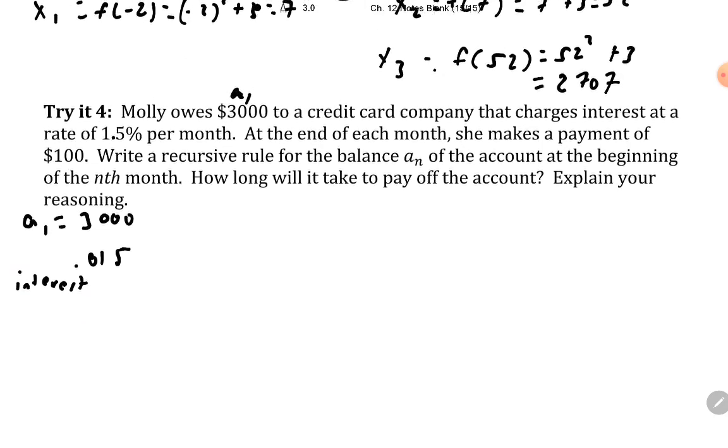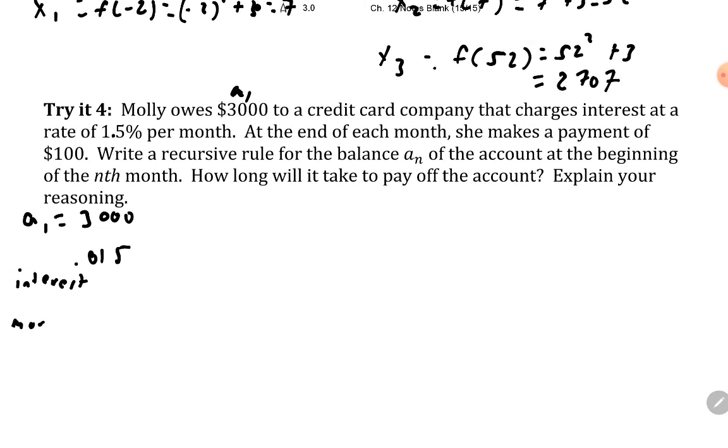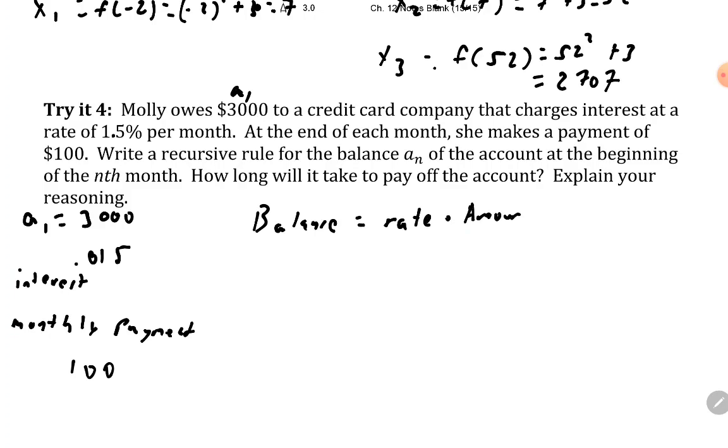Then they also tell us the monthly payment is $100. So our current balance is equal to the interest rate times the amount still owed, minus the monthly payment.